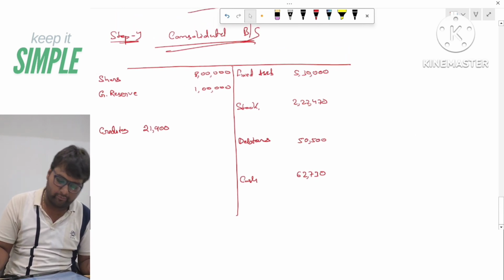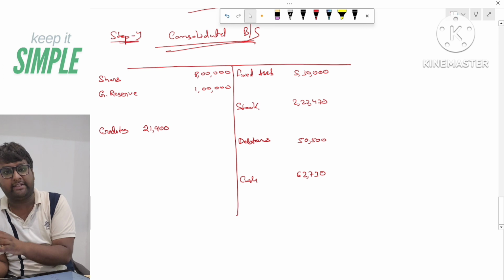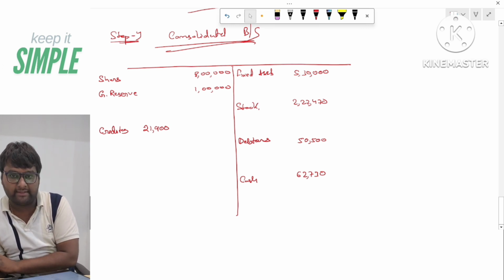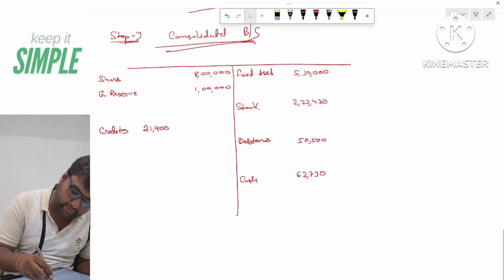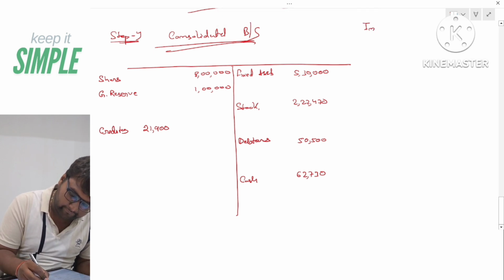And after that we'll incorporate everything present in the branch balance sheet into the consolidated balance sheet. So what entry will be passed in the books of head office? We'll take everything from the branch balance sheet.